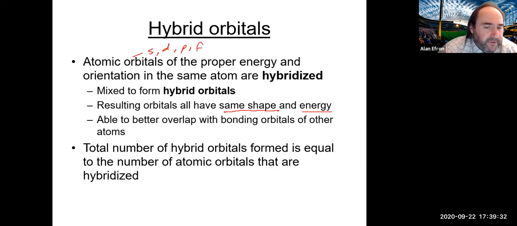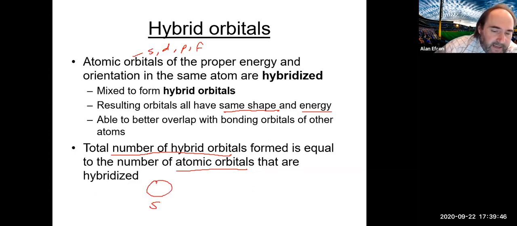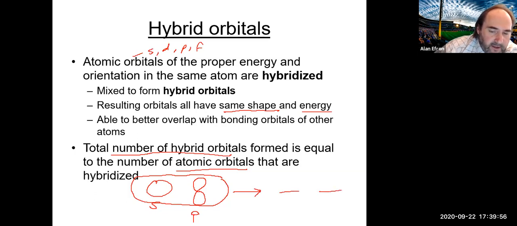A couple of important things about hybrid orbitals: the number of hybrid orbitals we get through hybridization is equal to the number of atomic orbitals involved. So if we take an s orbital and a p orbital and mix these two together, that gives us what are referred to as two sp orbitals.